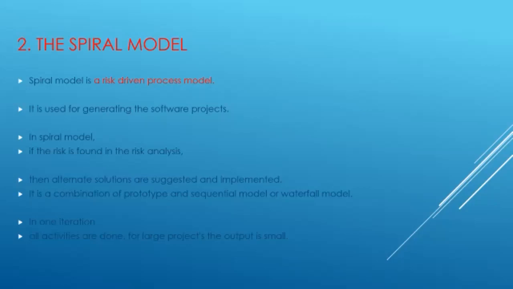In spiral model, if the risk is found in the risk analysis, then alternate solutions are suggested and implemented. It is a combination of prototype and sequential model or waterfall model. In one iteration, all the activities are done. For large projects, the output is small.